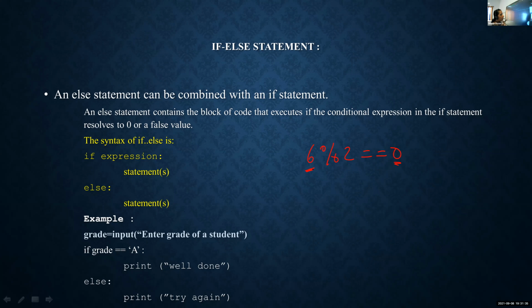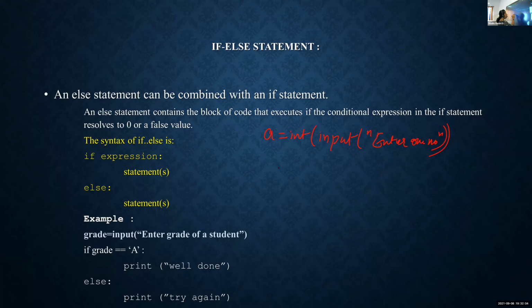So first you want to input a number to a variable. For that, A is equal to int input, enter one number. After that, give the condition.